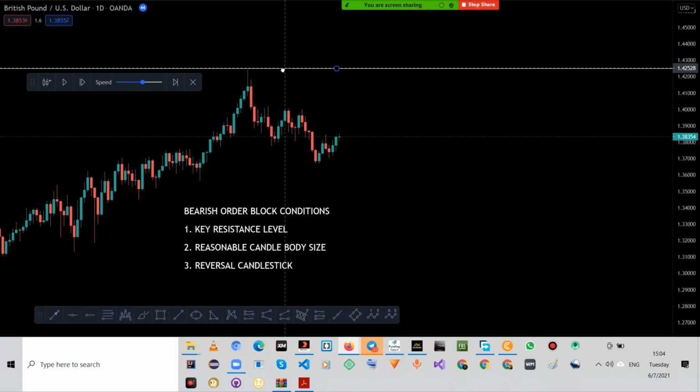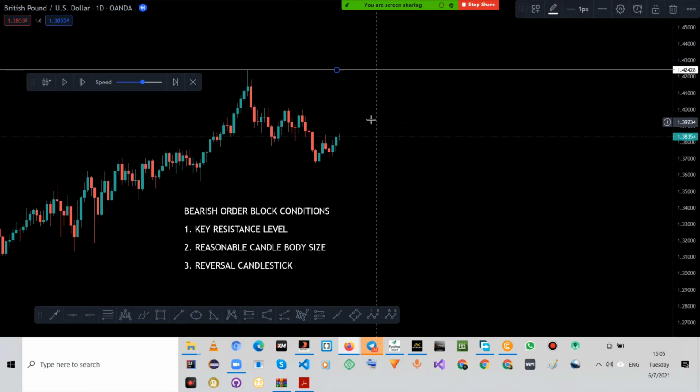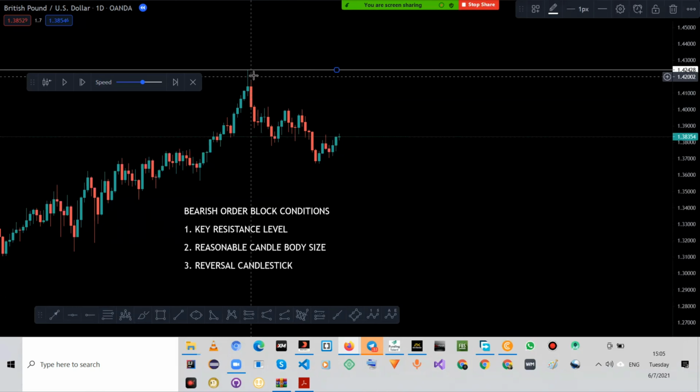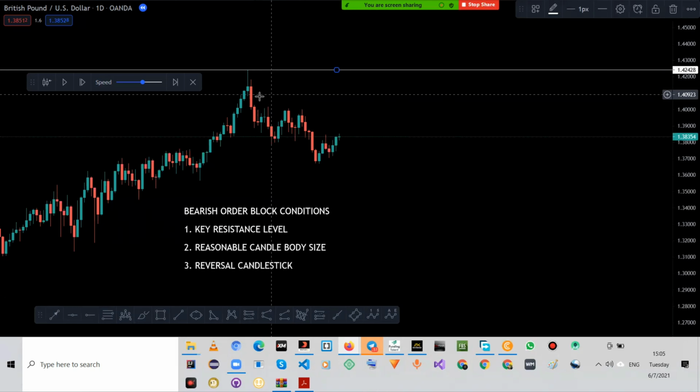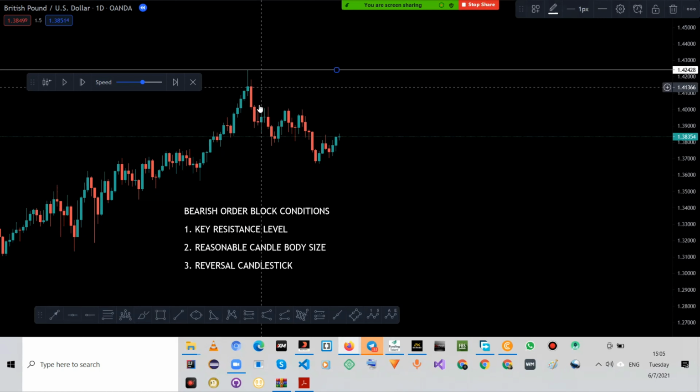After you mark it out like this, beautiful, then it should be a reversal candle. As you can see on mine, we could call it the inverted hammer, or the spinning top, or we could also call it an evening star. And this is on a daily time frame, mind you.